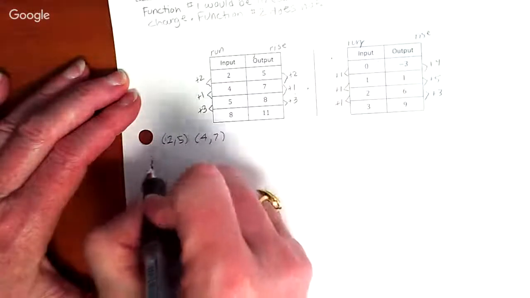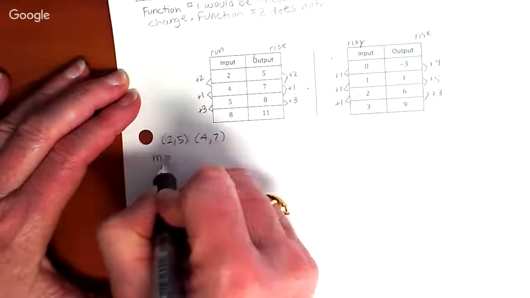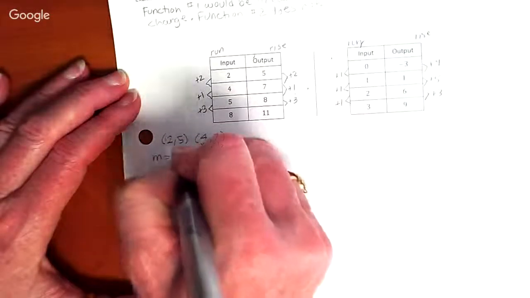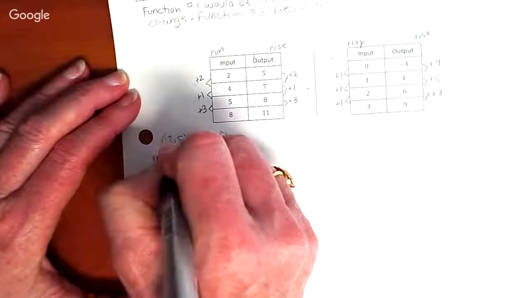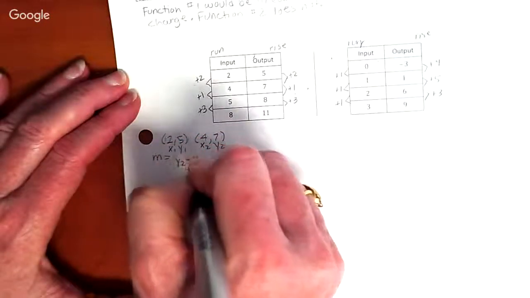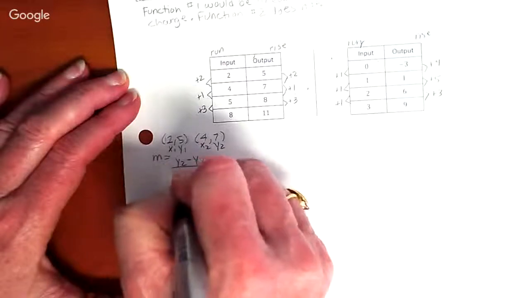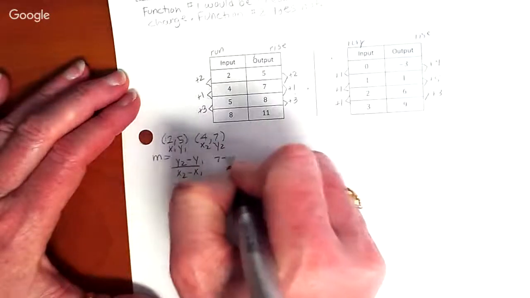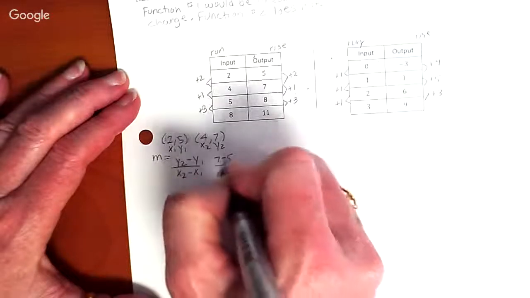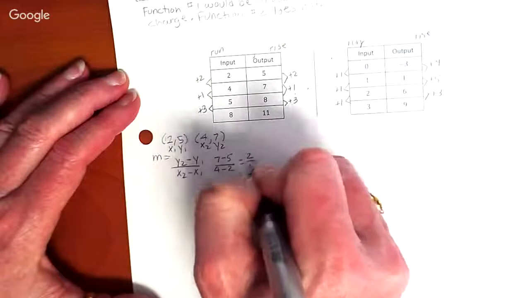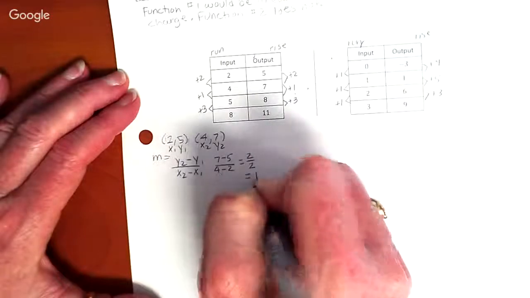So we have m equals y2 minus y1 over x2 minus x1. So we have 7 minus 5 over 4 minus 2, which equals 2 over 2, which equals 1.